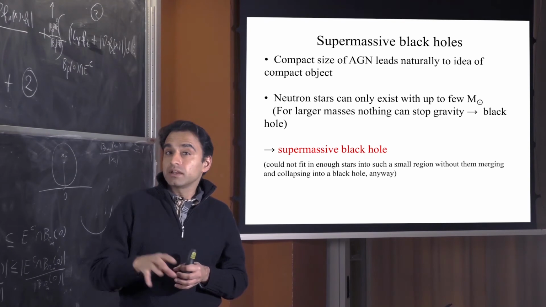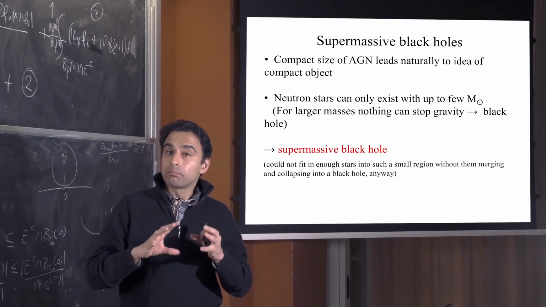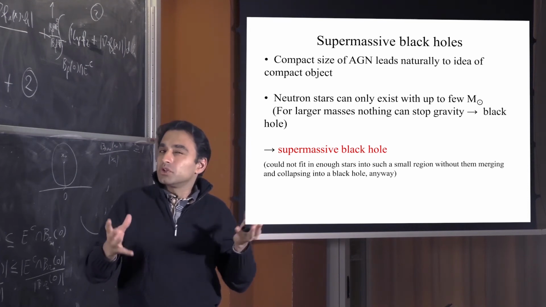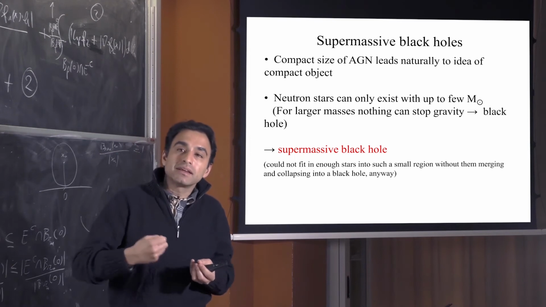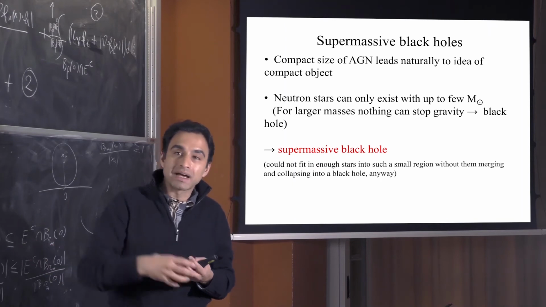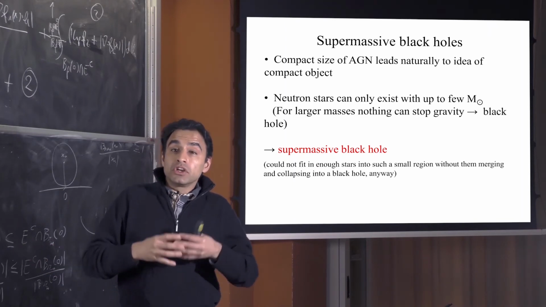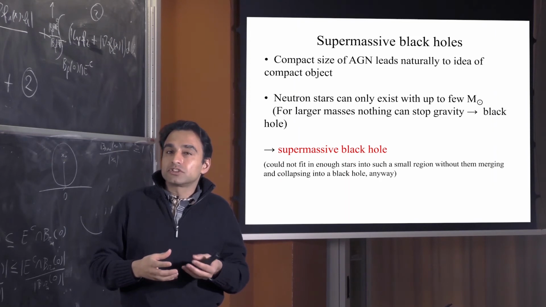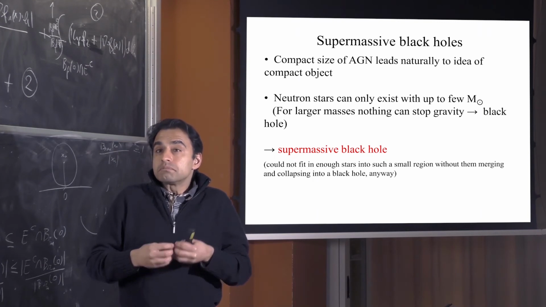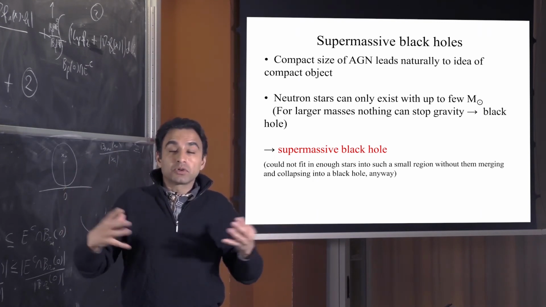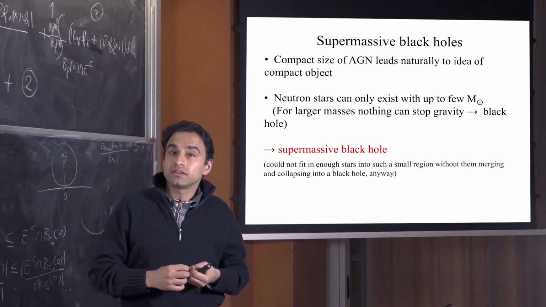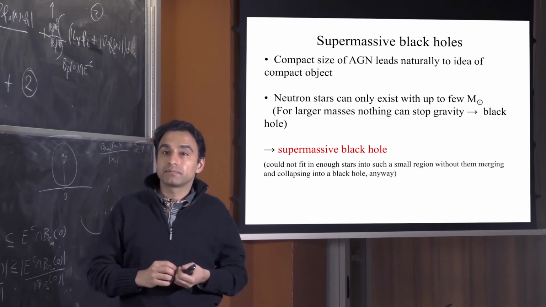So in the case of an AGN, you would need a very compact but very massive object, similar to a neutron star, that can generate energy in a similar way when you throw mass on top of it. So astronomers came up with the idea of a supermassive black hole. A supermassive black hole could be massive enough to generate the energy that you require in an AGN.